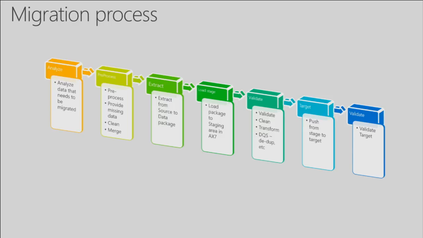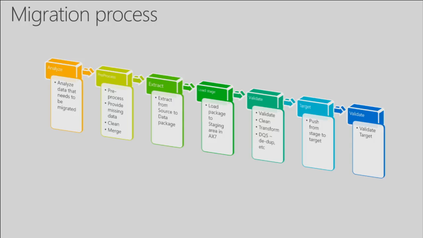Then you extract from that existing database into a file that's recognizable by your future target system. Then you load it to your target system, most likely to a staging area where you do validation or transformation, and then from the staging area, finally into your target tables. It's a very standard set of ETL steps that you would do in any other type of data migration project.